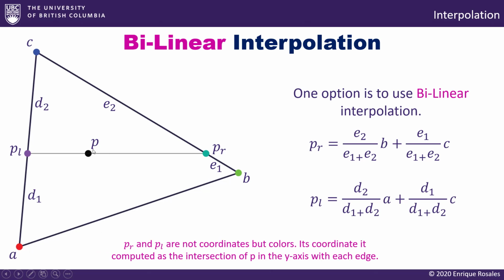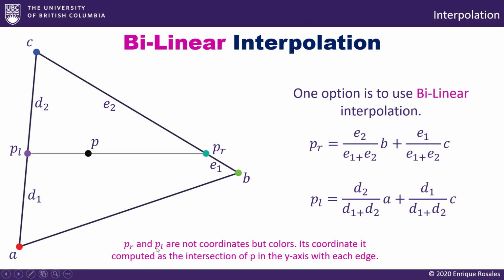You take the Y coordinate of P, which is this line, and you compute the intersection of that Y coordinate with this line, the vector AC, and you get the coordinate of PL, not the color yet, but the coordinate.